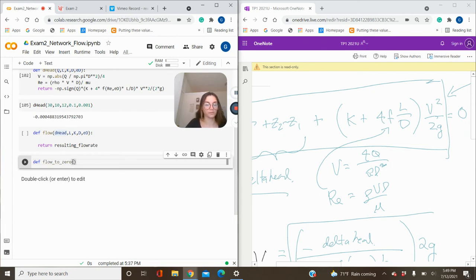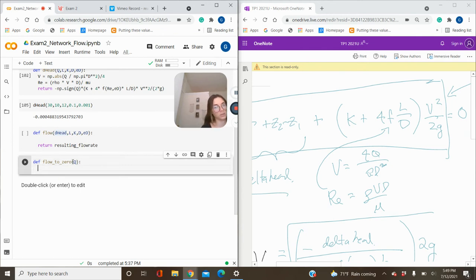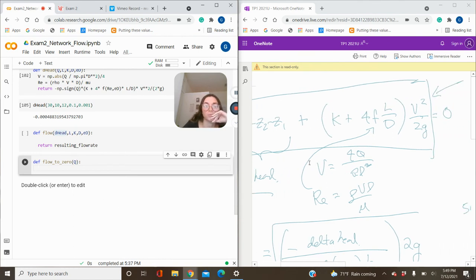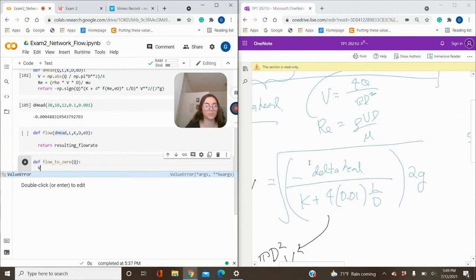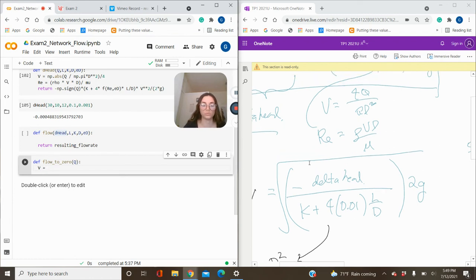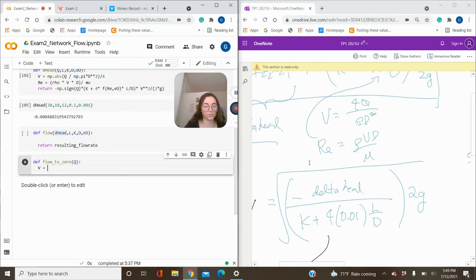Is it a different color? I feel like it's a different color. That looks good. All right. Okay. Now we just put in our volume formula, which is 4 times.